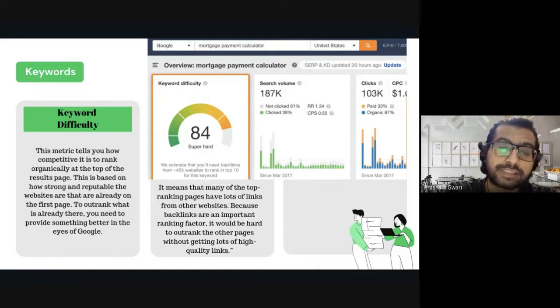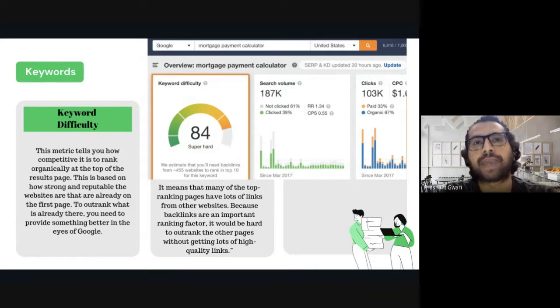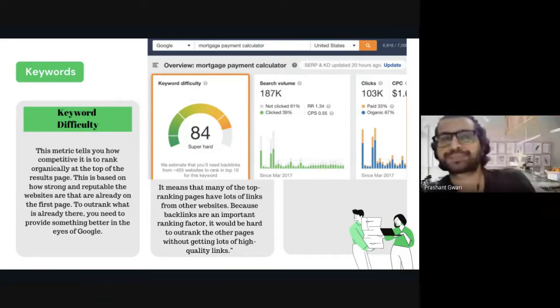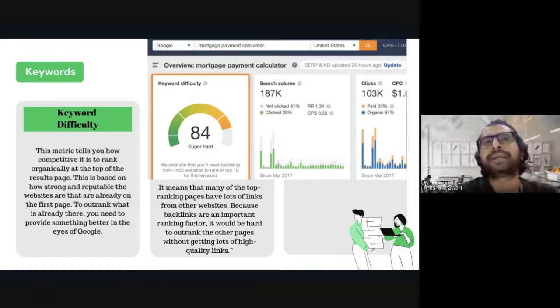I will give you an example of one of our students. One of our students runs a traveling business. He provides on-demand travel packages for couples and for families, and their competitors are Make My Trip, Goibibo, and Holiday.com. Everyone was targeting the same keyword, and the keyword was best on-demand travel packages.